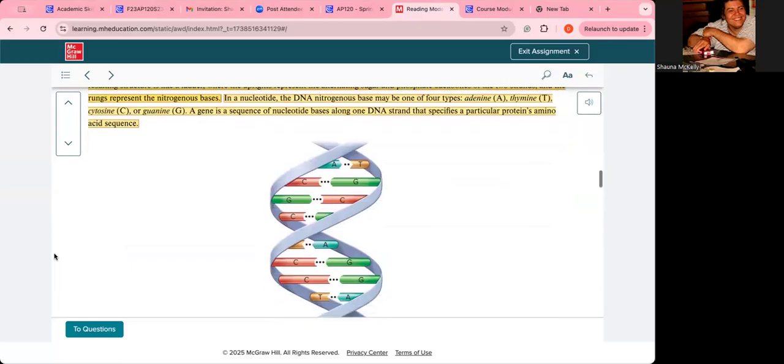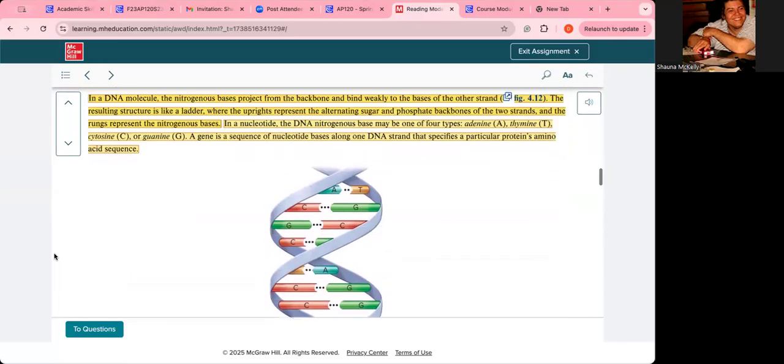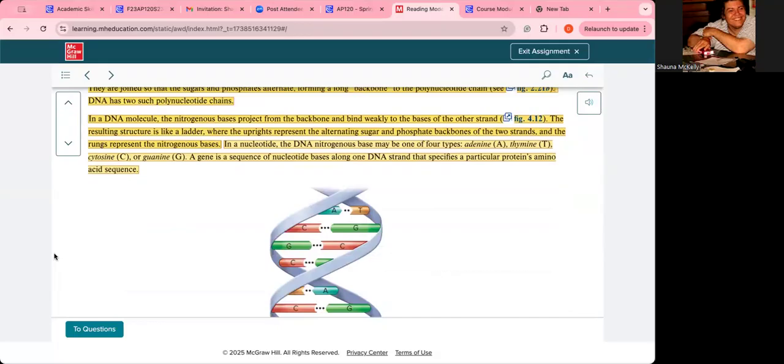In a DNA molecule, the nitrogenous bases bind weakly to the bases of the other strand. The resulting structure is like a ladder, where the uprights represent the alternating sugar and phosphate backbones of the two strands, and the rungs represent the nitrogenous bases. Okay.